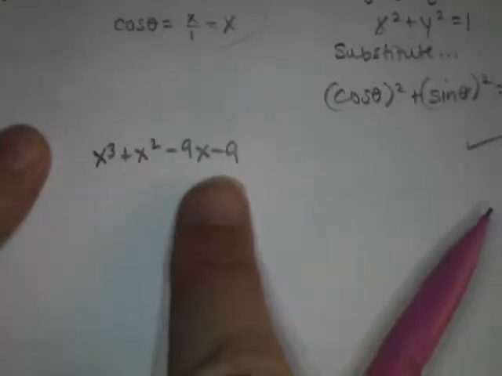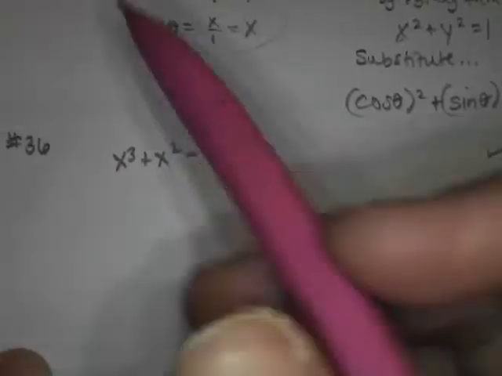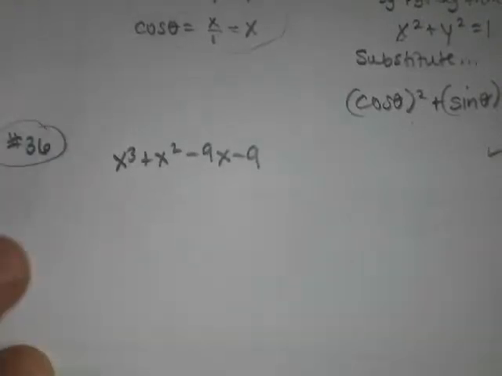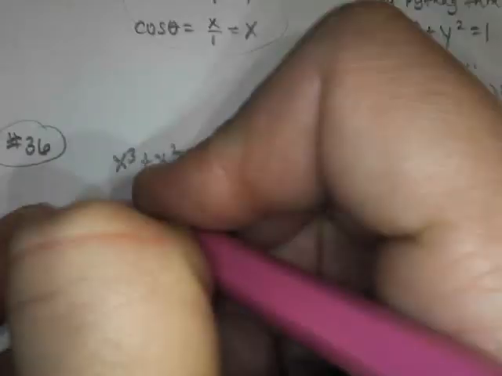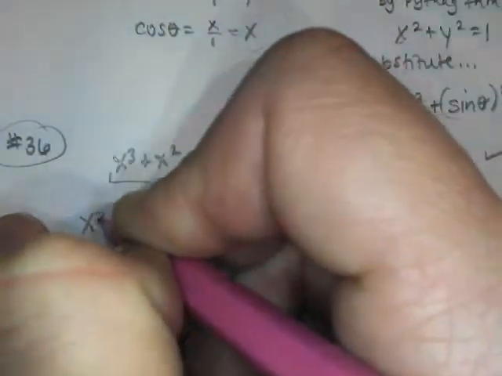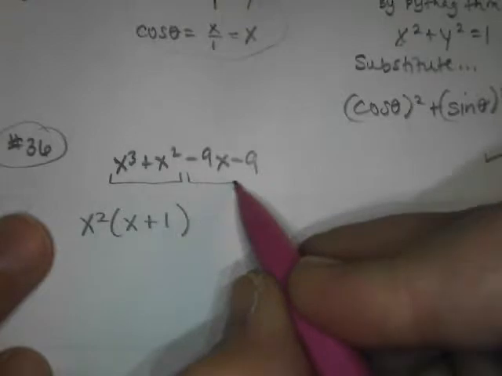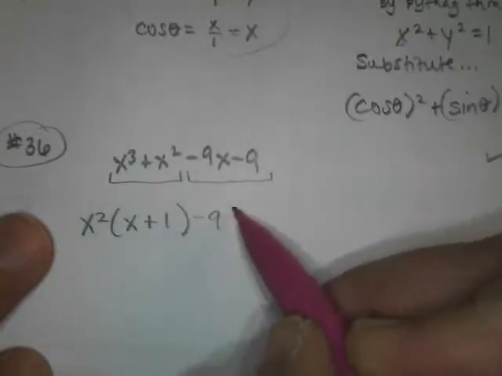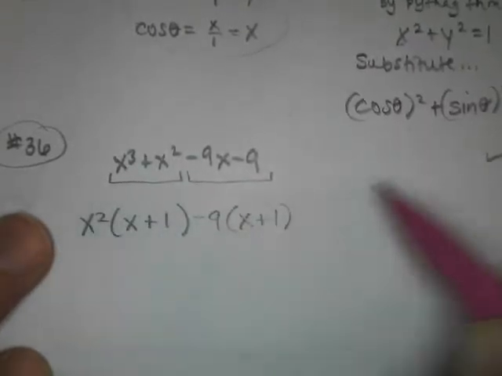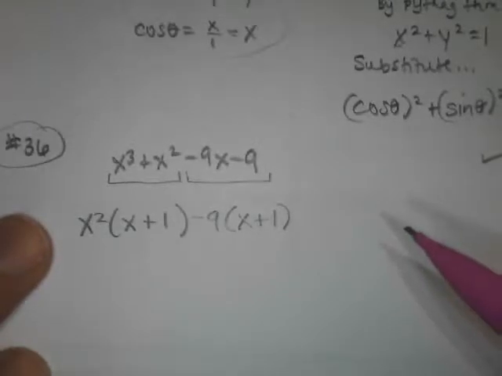What's your first method? Grouping. Pull out an x squared. I'm left with x plus 1. What do I pull out of the second group? Negative 9. I'm left with x plus 1. Was it factorable by grouping? Did it work? It did, because these match. So my x plus 1, I'll pull out in front, and I'm left with x squared minus 9.